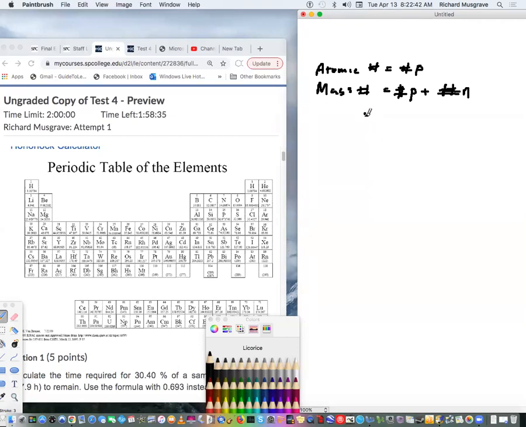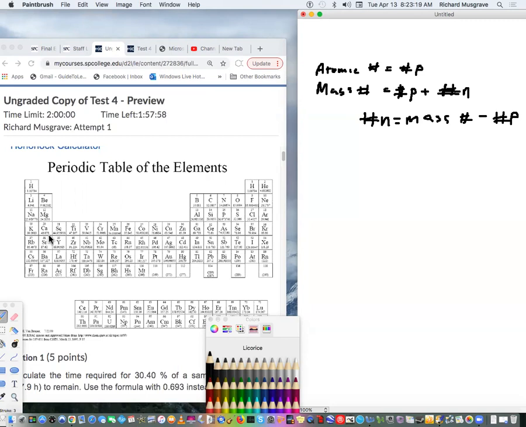What that means is the number of neutrons can be easily obtained by taking the mass number and subtracting out the atomic number, or the number of protons. So if you look at everything up to 20, let's say we look at calcium, you'll see that the atomic number is 20 and the mass number is 40, which also means that the number of protons is going to be 20 as well. 20 plus 20 is 40.